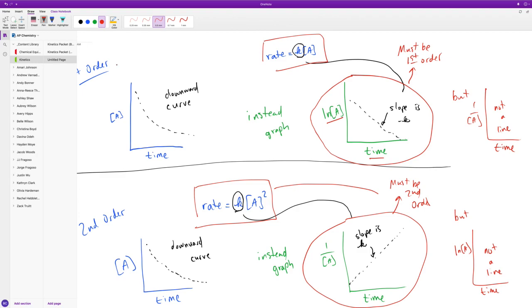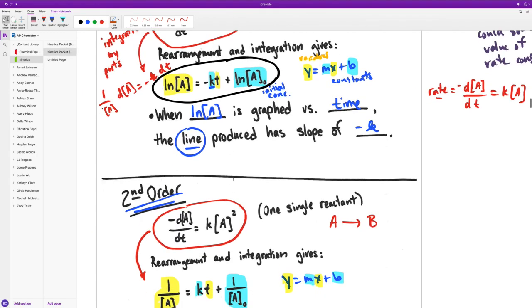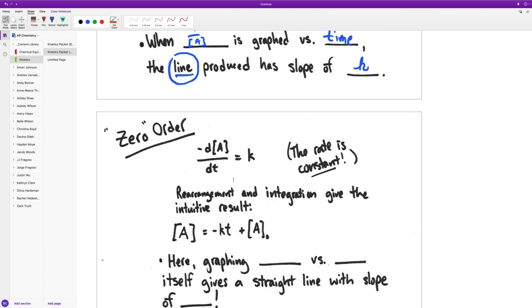Okay, so back to the packet here. I want to talk about zero order. Zero orders are actually kind of funny because they have a constant rate. Okay, so here, if you think about it, this would be something like, rate is K, A raised to the 0 power.